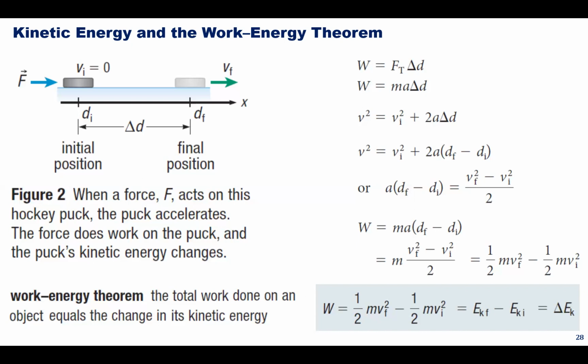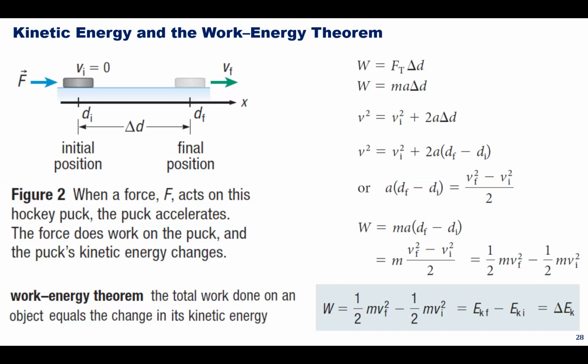The equation shows that doing work on an object changes its kinetic energy. The following shows this relationship explicitly. So 1/2 m v_f squared is the kinetic energy in the final state, right? And 1/2 m v_i squared is the kinetic energy in the initial state. So that's the difference between E_K,f and E_K,i. In other words, W equals delta E_K.